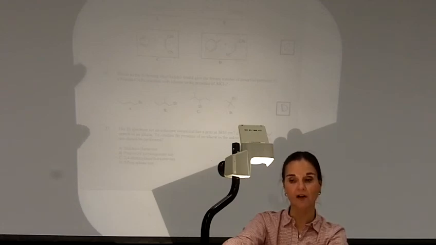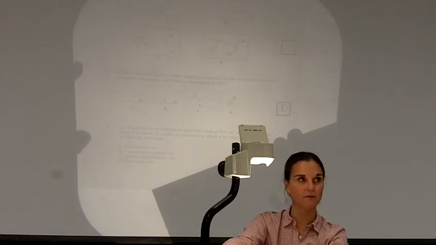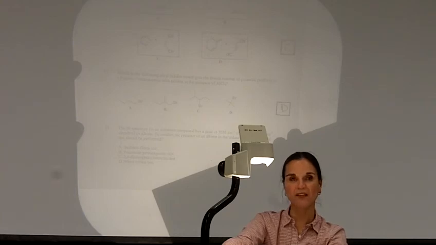An IR spectrum for an unknown compound has a peak of 3050 inverse centimeters, characteristic of an sp2 C-H stretch of an alkene. To confirm the presence of an alkene in the unknown, what chemical test should be performed? So what's at 3050?